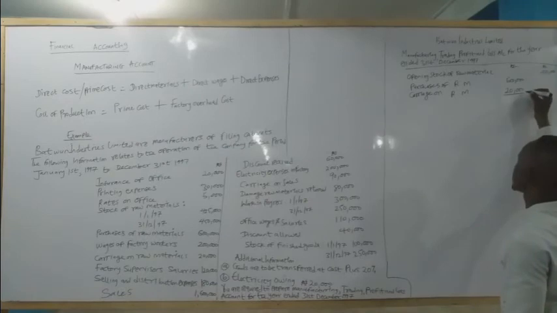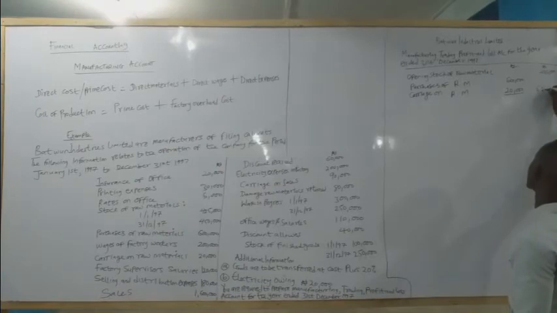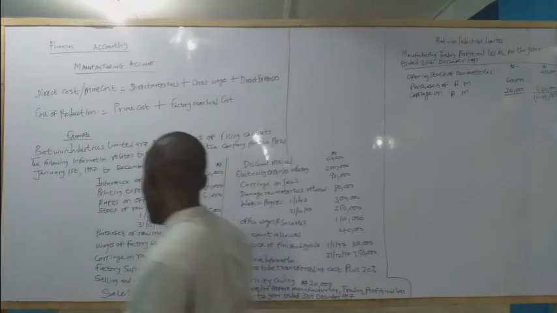This then gives me 620,000. So when I add this, I have 1,045,000.